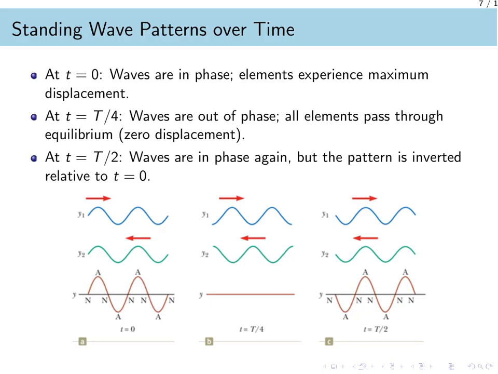At this specific moment, every element of the medium passes through the equilibrium position, creating a flat, horizontal line with 0 displacement. By the time we reach t equals 1/2 of the period, the waves are back in phase, but the entire pattern is now inverted compared to how it looked at the start. This continuous cycle creates the characteristic jumping or breathing appearance of the standing wave.